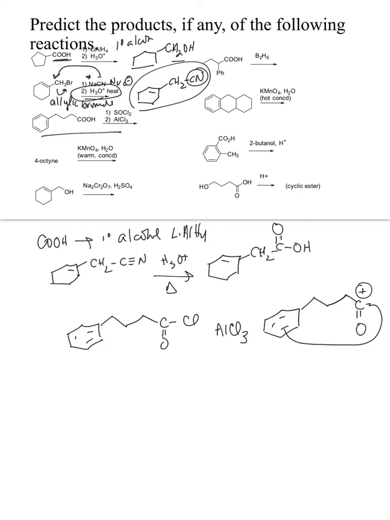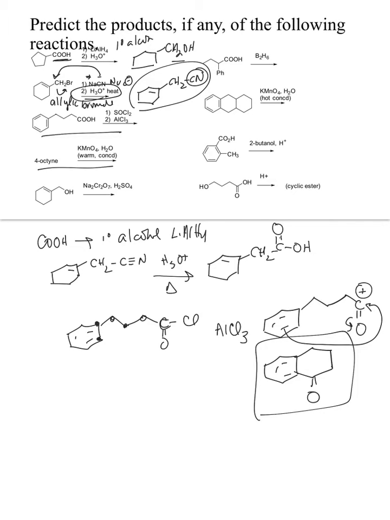So this is actually going to go here, and you're going to get ring closure. The best way when you do an intramolecular ring closure is just count carbons: 1, 2, 3, 4, 5, 6. So that's going to be a 6-membered ring, and then you're just going to have a carbonyl there. That's actually called a tetralone.